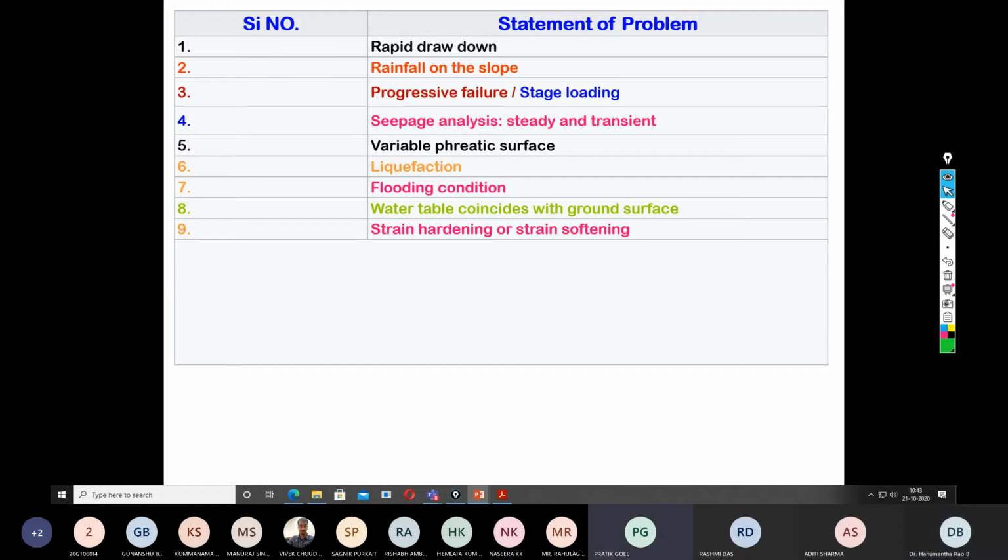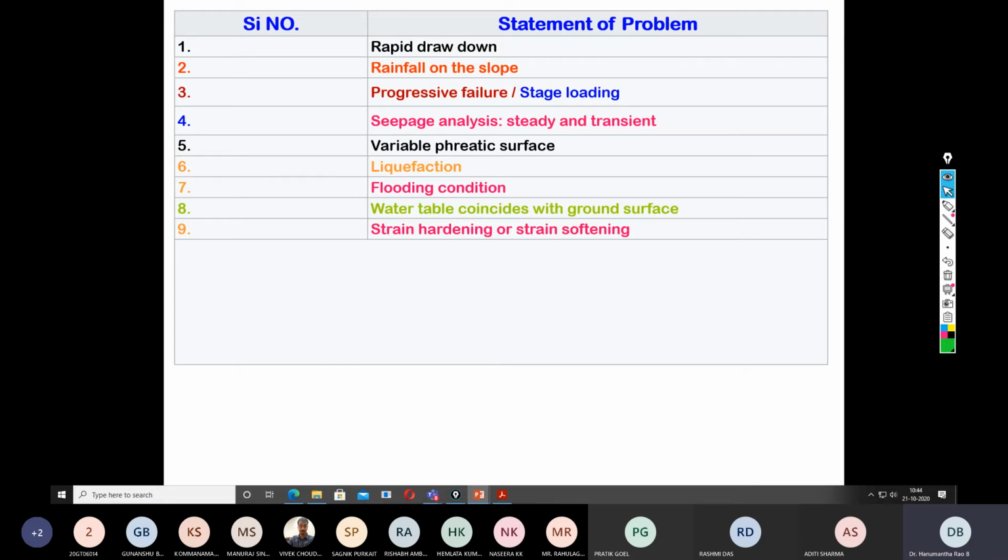Sir, what is the practical significance of long-term analysis and short-term analysis? Long-term and short-term analysis means, for any slope, the worst condition is during the construction.